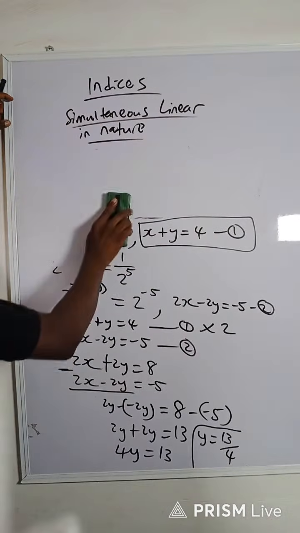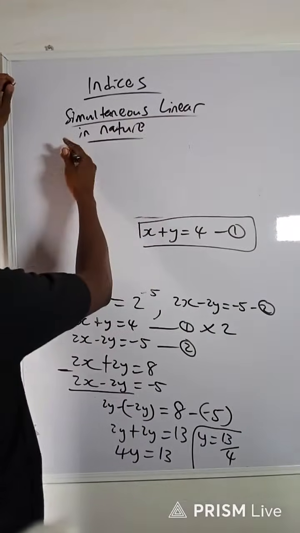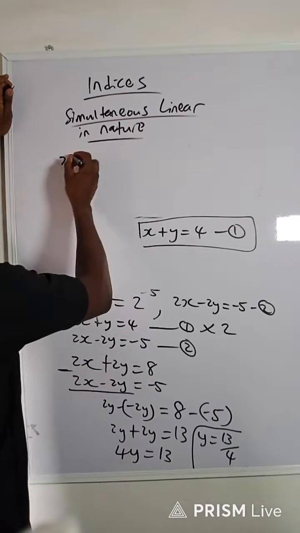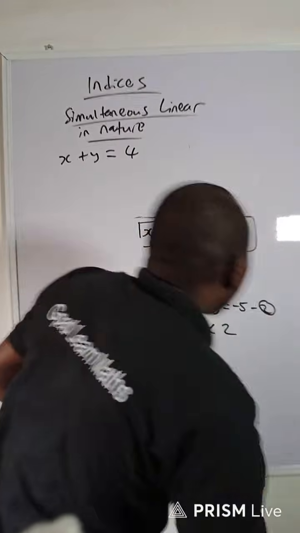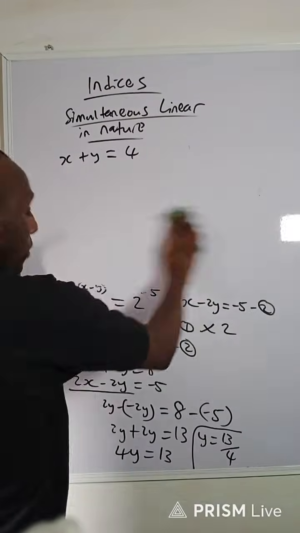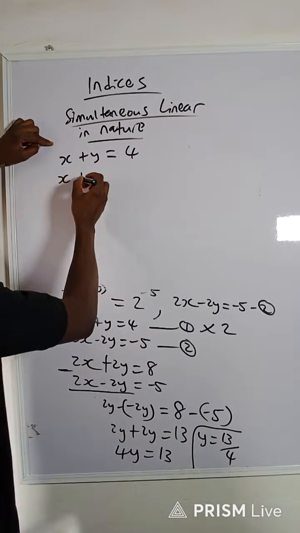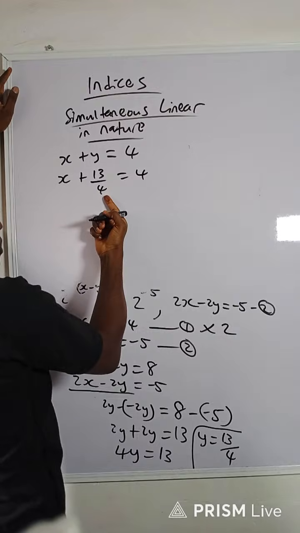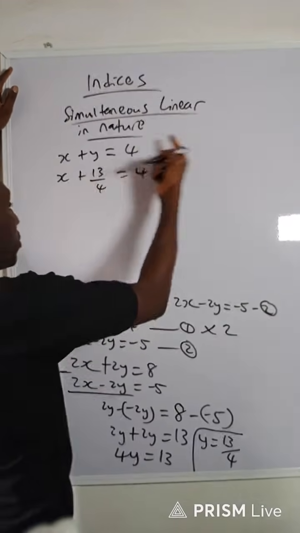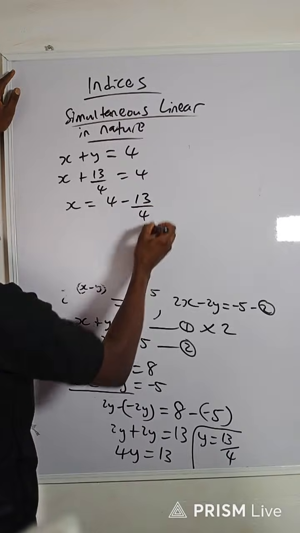So this is x plus y is equal to 4 from equation 1. Excuse me. y is 13 over 4. So you have x plus 13 over 4 is equal to 4. Let's subtract this from both sides, or just move this term to the right hand side. So x is equal to 4 minus 13 over 4.